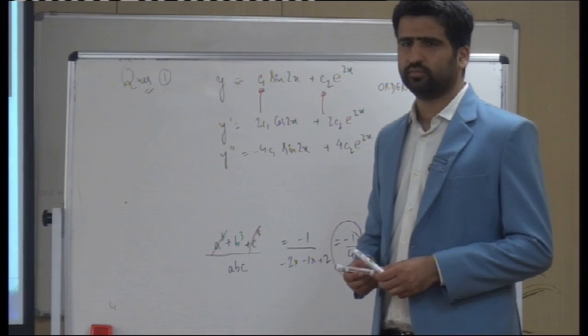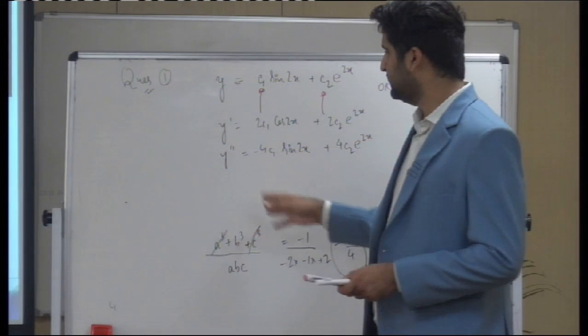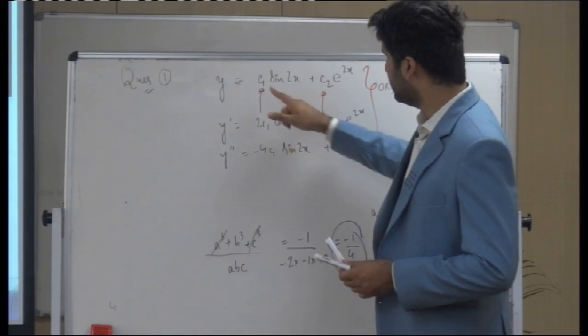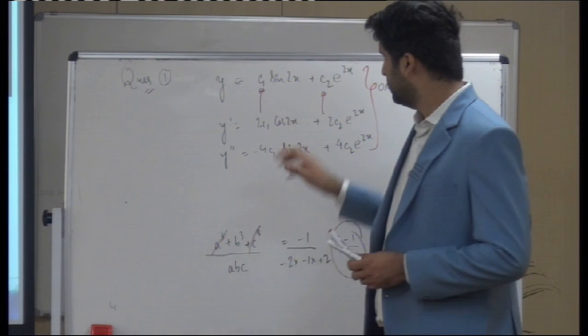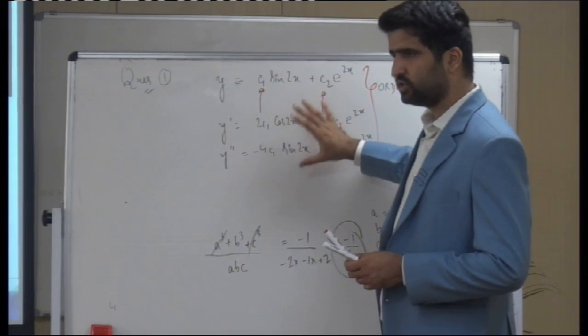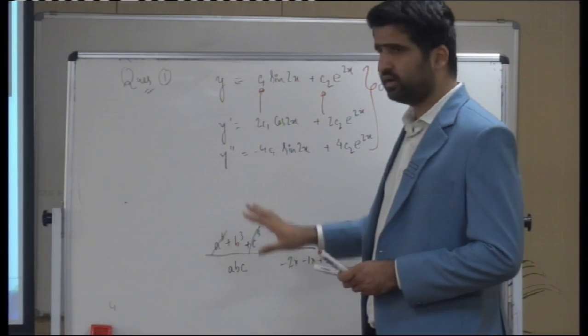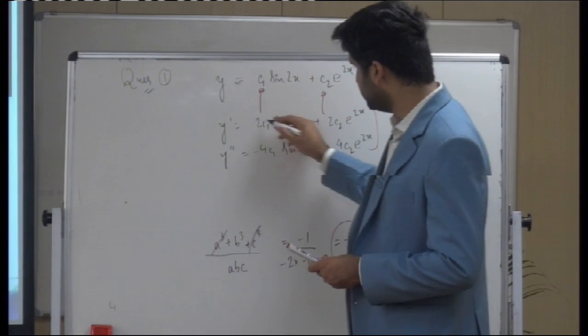I don't think so. As you can see, it's a simple linear equation, right? We have to eliminate c1 and c2. How will we do that? We don't need any multiplication in the sense of powers; we just have to eliminate c1 and c2.